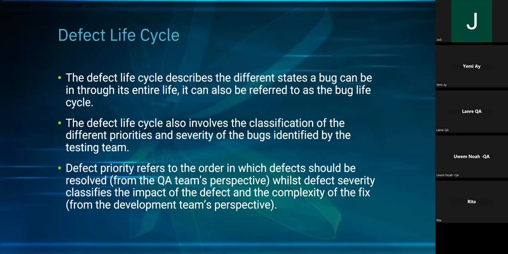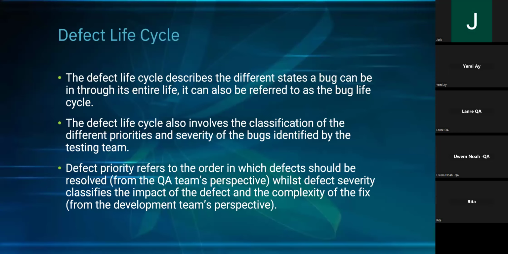So those kinds of things are high demand. Within 2 seconds, thousands of developers all over the world working on that will fix it and put it live immediately. So the severity classifies the impact of the defect and the complexity of the fix.